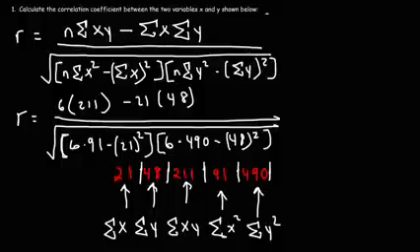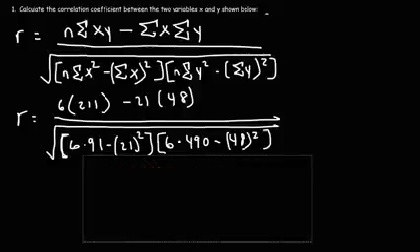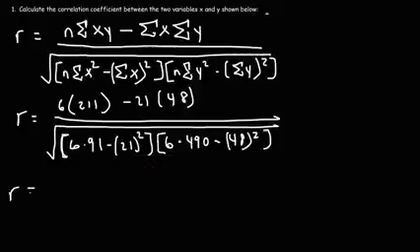Now let's plug everything in. So we can get rid of these numbers. Six times 211 is 1266. And 21 times 48, that's 1008.